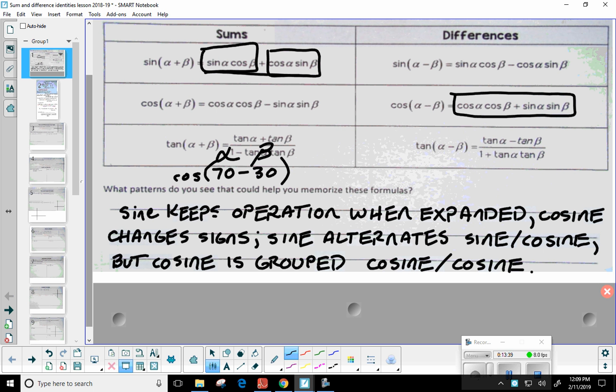But remember, the products don't alternate, and what do we change? There you go. So we want cosine alpha, cosine beta. So this would be cosine 70, cosine 30. Since I started with a minus, I go plus, and now I want the second part of the formula: sine alpha, sine beta. So that would be sine of 70, sine of 30.